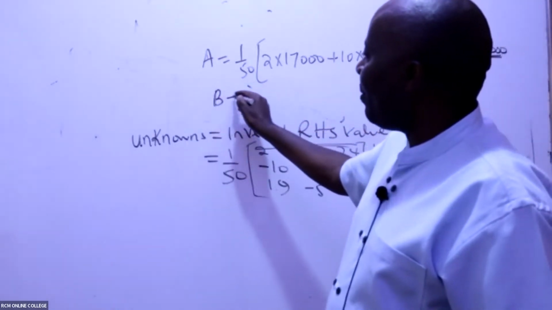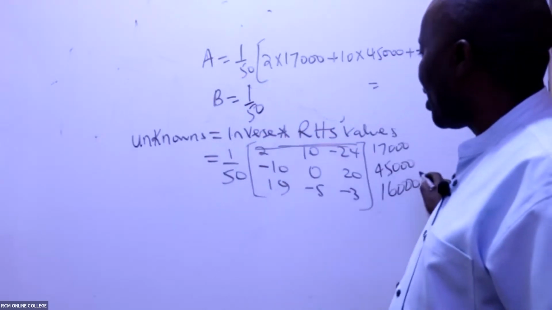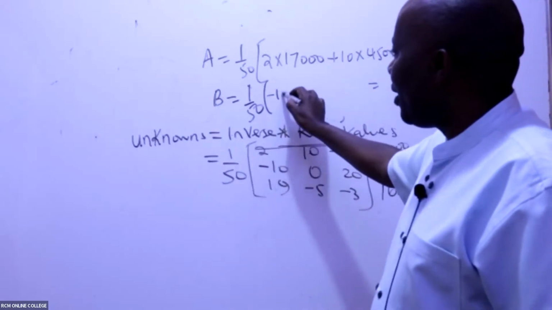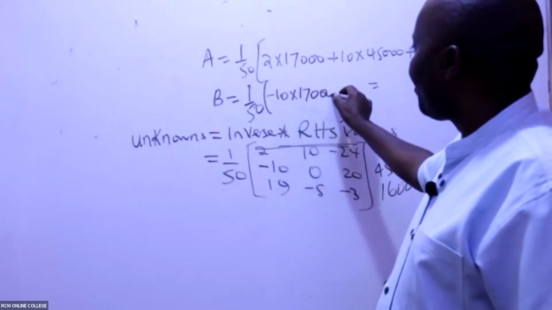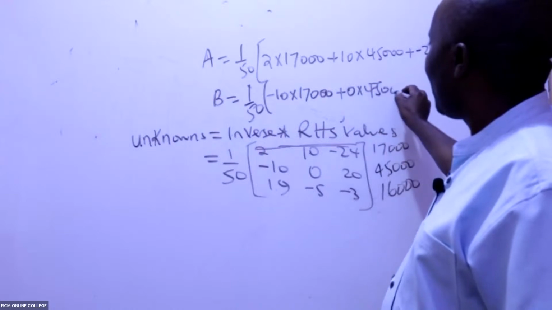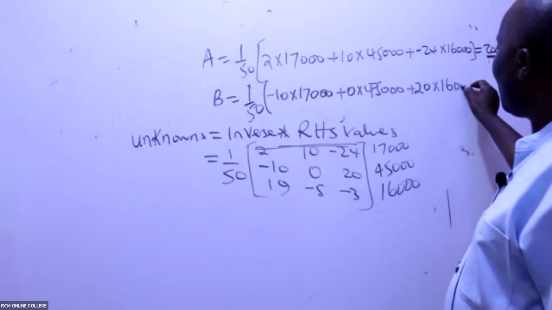So for B, remember the constant for every one of them is 1 over 50. B is the second one, so it's again row times column. The second row gives minus 10 times 17,000, plus 0 times 45,000, plus 20 times 16,000.